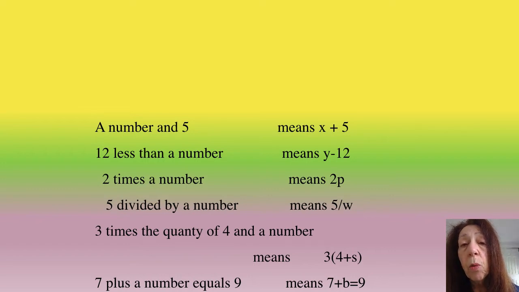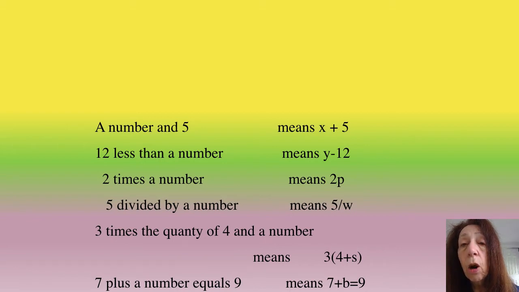3 times the quantity. Now when you have that number directly next to the open parentheses, that means multiplication. 4 and plus a number, any letter you want, plus s, and then you close parentheses.